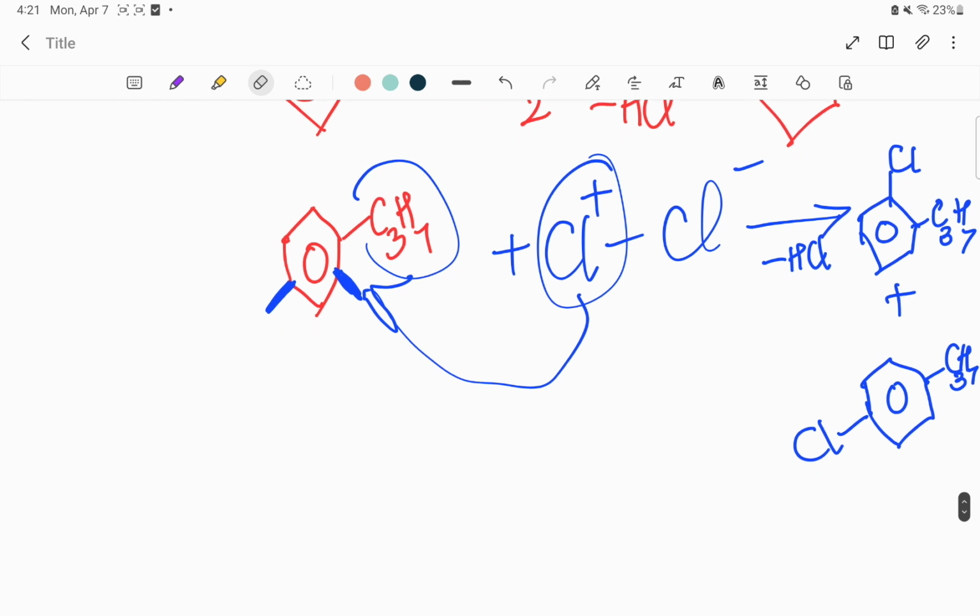Here, there is one important thing: if you are performing an electrophilic substitution reaction with iodine and a Lewis acid, then you will get HI and an iodinated compound. However, you know that this reaction is reversible because iodine has a greater atomic size compared to the other halogens, and this reaction is reversible due to the big size of iodine.